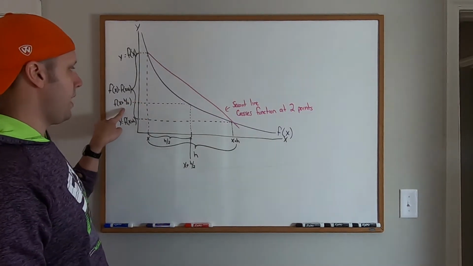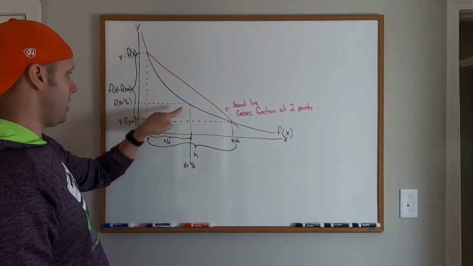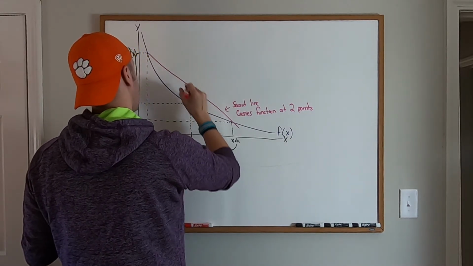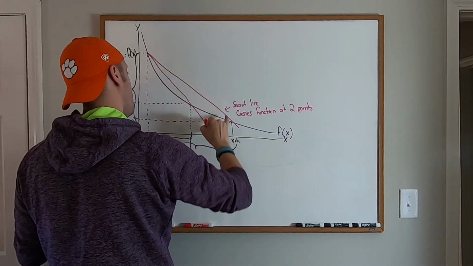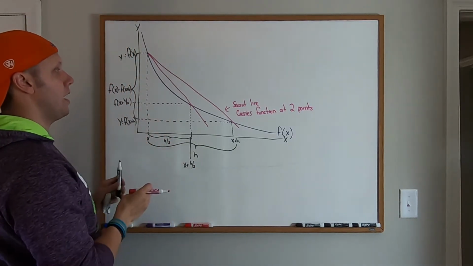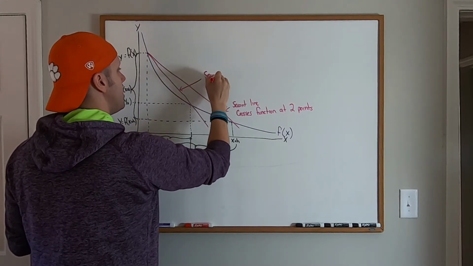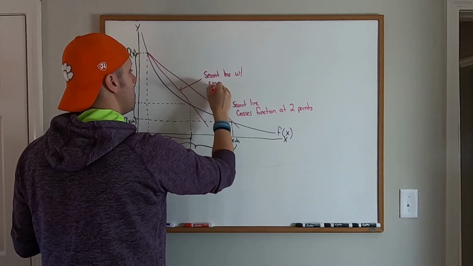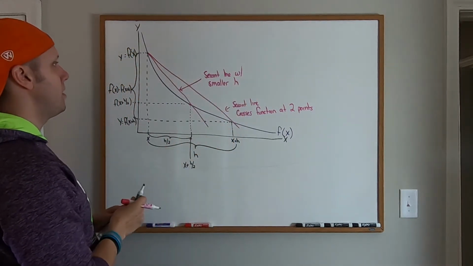So at this point, if I were to evaluate the function f at x plus h over 2, I would get f of x plus h over 2. What we would do is we would draw a new secant line, but with a smaller distance of h over 2.